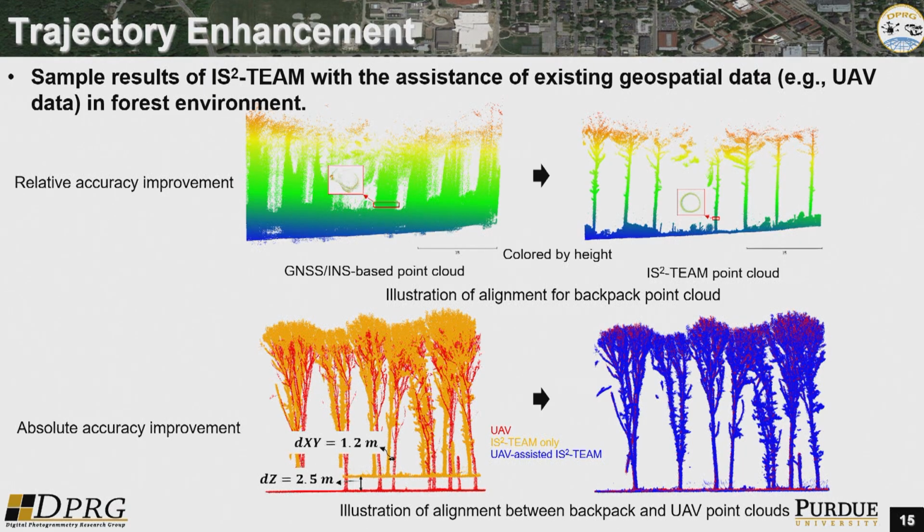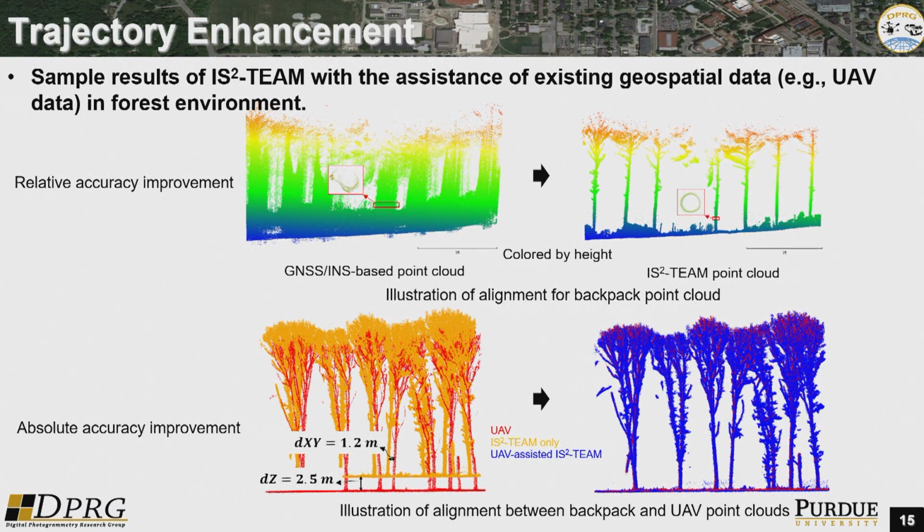However, if you take this data and try to align it with the UAV data, you will get what you have in the lower left. We can see in the XY we have 1.5 or 1.2 meter difference, and in the Z you have 2.5 meters. So if we use our TEAM, where we fuse the data sets together during the TEAM optimization, you get what we have in the lower right.